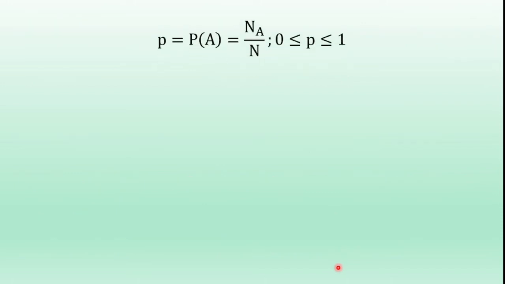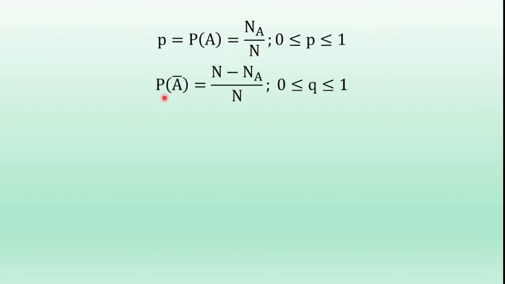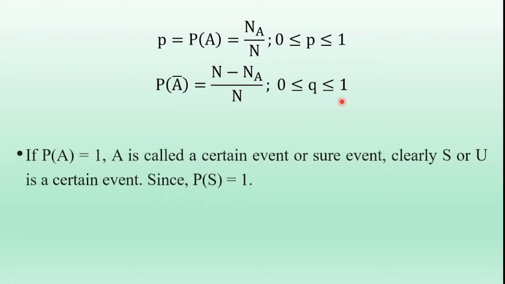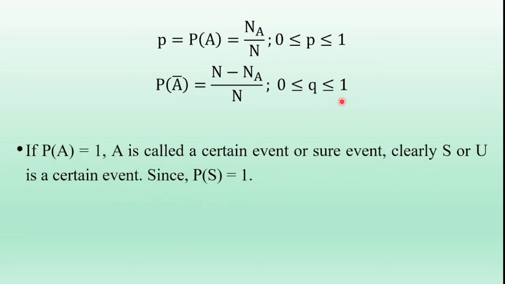The probability of success P of A is equal to N A by N, and its range is 0 to 1. The probability of failure, P of A bar, is equal to N minus N A by N, and Q also ranges from 0 to 1. If probability of A is equal to 1, event A is called a certain event or sure event.